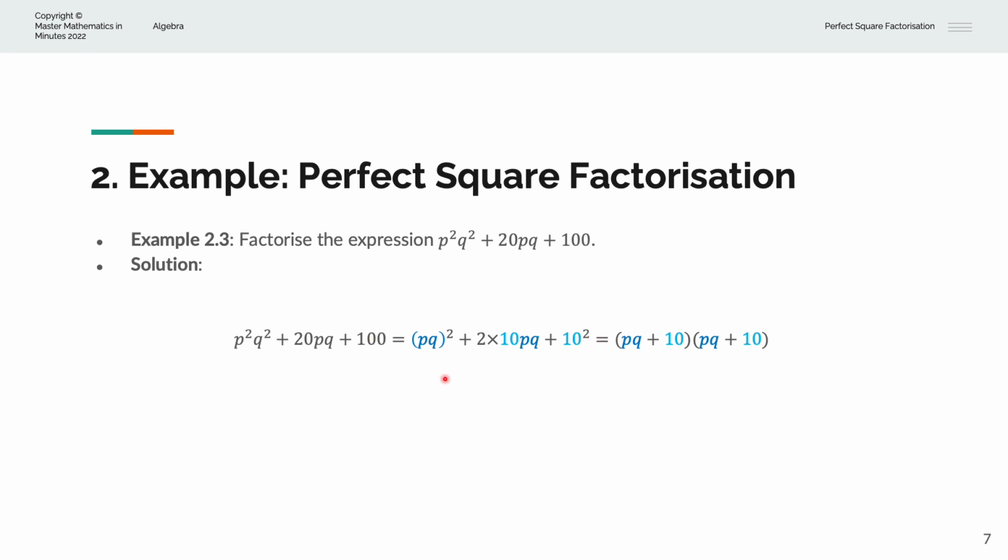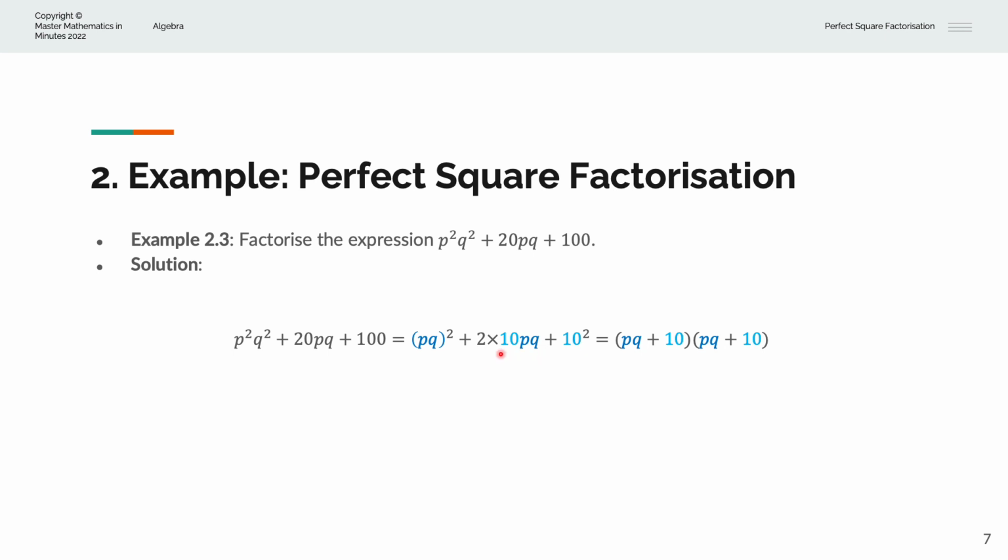So this is now in the form of a squared, with a being equals to pq, and b squared, with b being equals to 10. And for the middle term, with 2ab, which is 2 multiplied by 10 multiplied by pq. And we'll put a plus sign because this is positive.